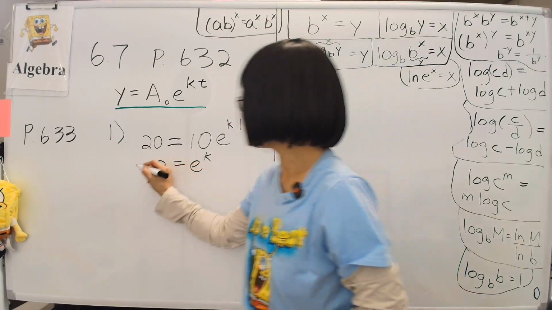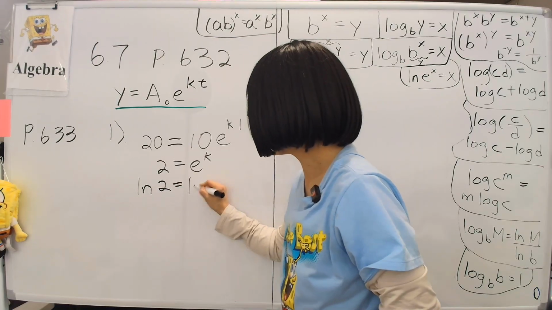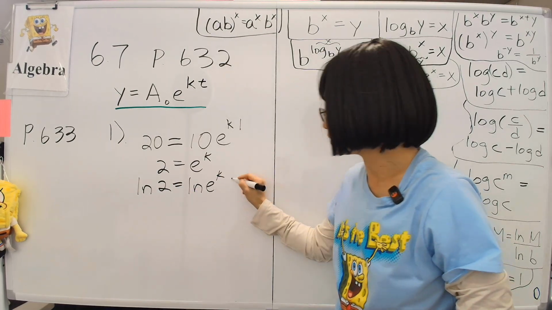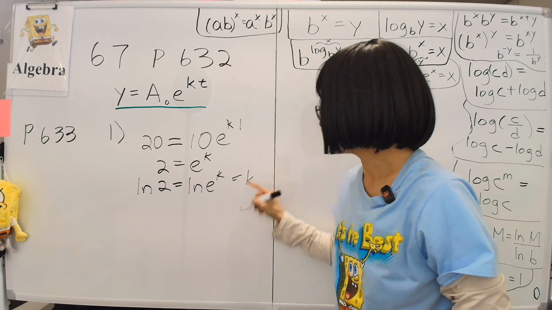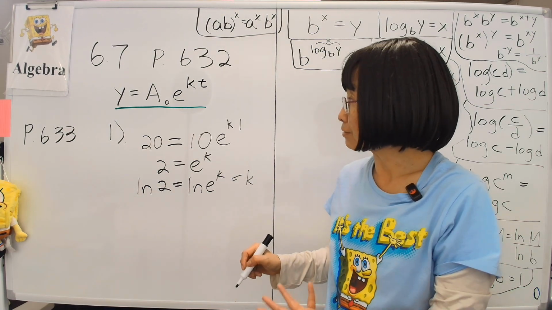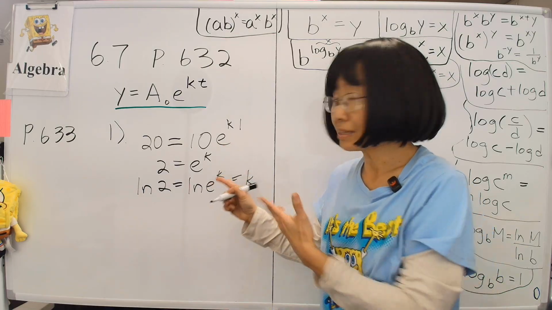So let's slap natural log on both sides. We have natural log 2 equal to natural log E to the power K, and natural log and E will cancel each other out to give just K. So K equals natural log of 2, which is some kind of a number, and we don't know what it is, but it's something.